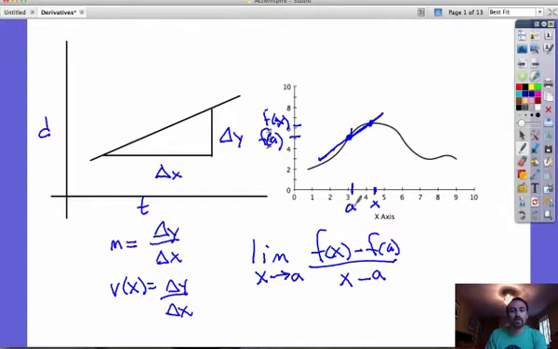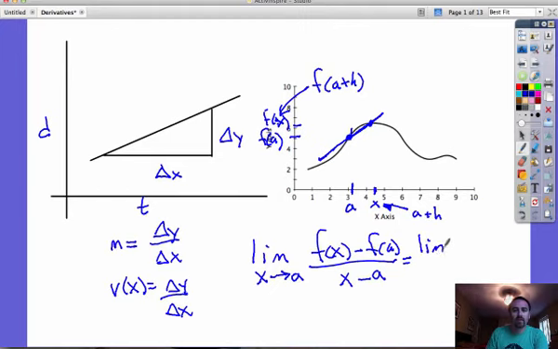We can look at this as the letter a, and then rather than as a completely other variable, we can look at this as a plus h, where h is just some positive number, and therefore this is f of a plus h. And what this does is makes this a little bit easier to look at.